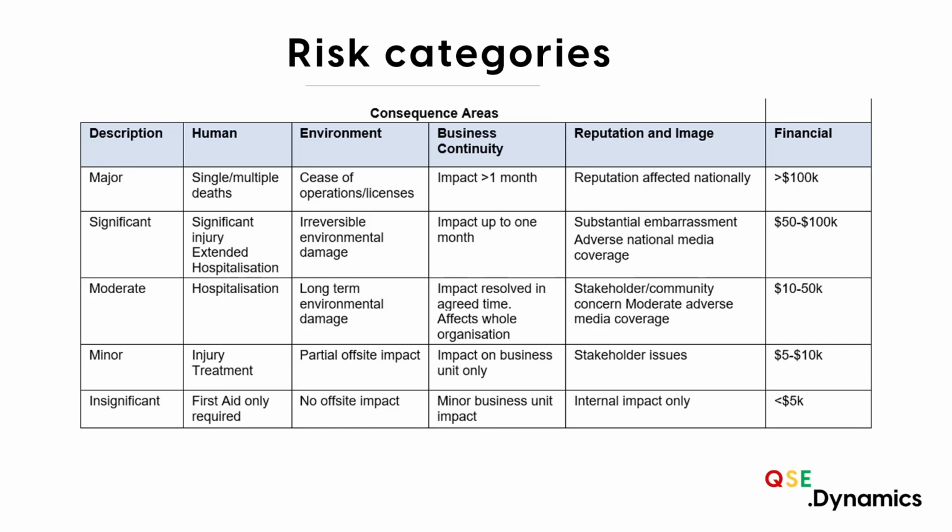You can actually determine these internally and figure out, well, okay, major, what does that mean for the business? Insignificant, what kind of risk tolerance does that entail? So it does take a bit more time and a bit more thought to put together, but I guarantee you it is a much more useful and worthwhile tool to have.